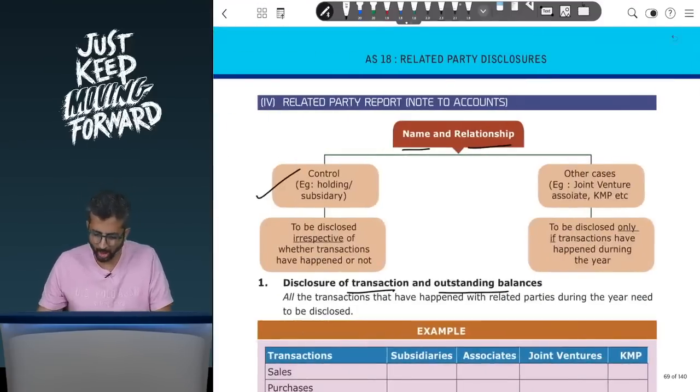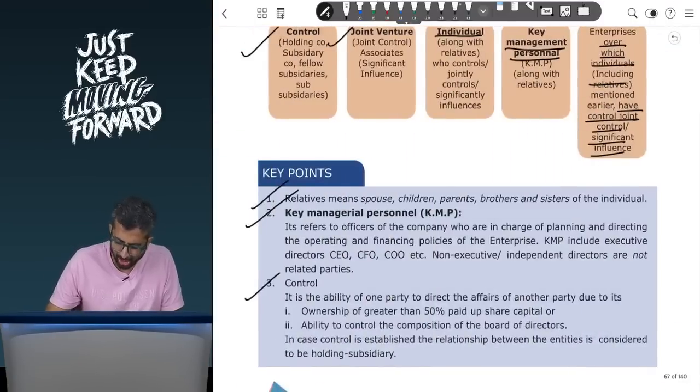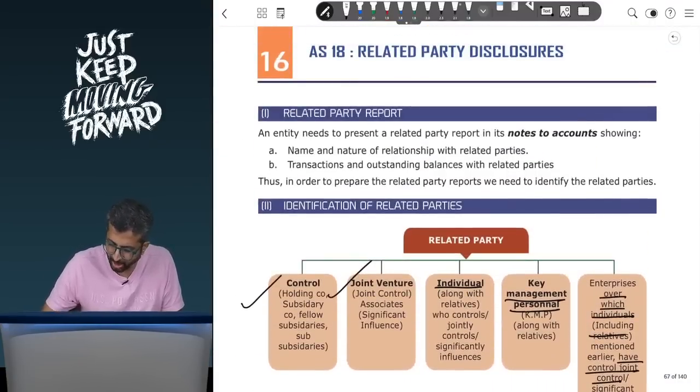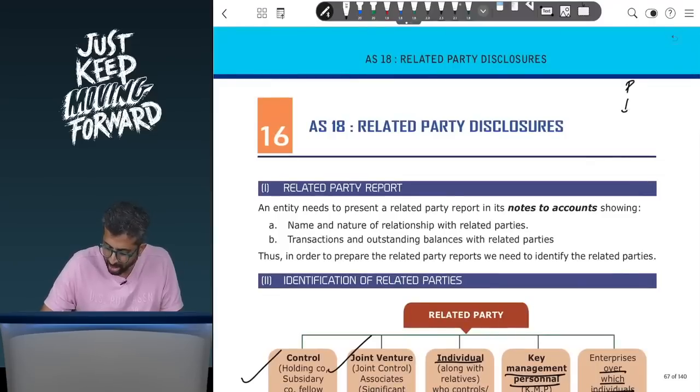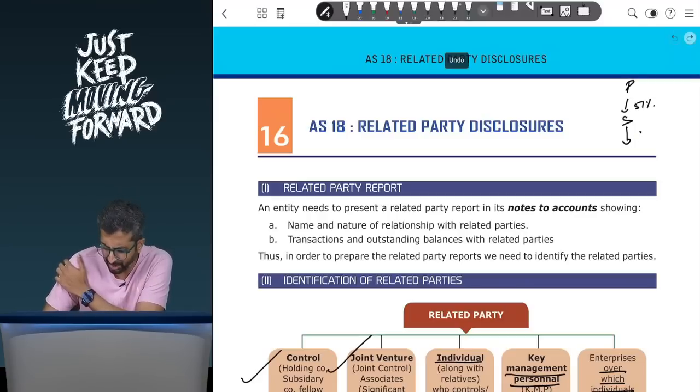Over here, there is one contentious issue which students generally feel in case of AS 18, especially where something like this comes. Let us say P holds a 51% stake in S, and S holds, let us say, again a 51% stake in S1.